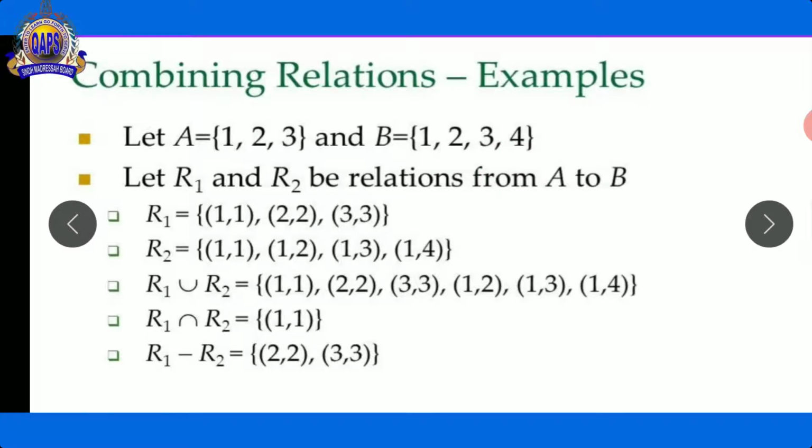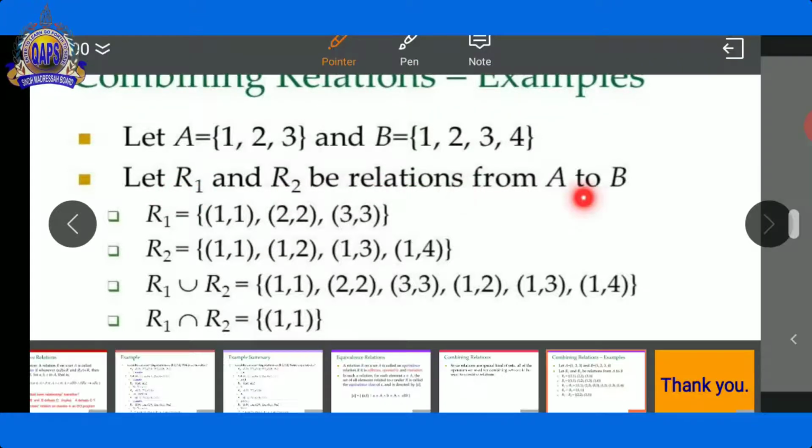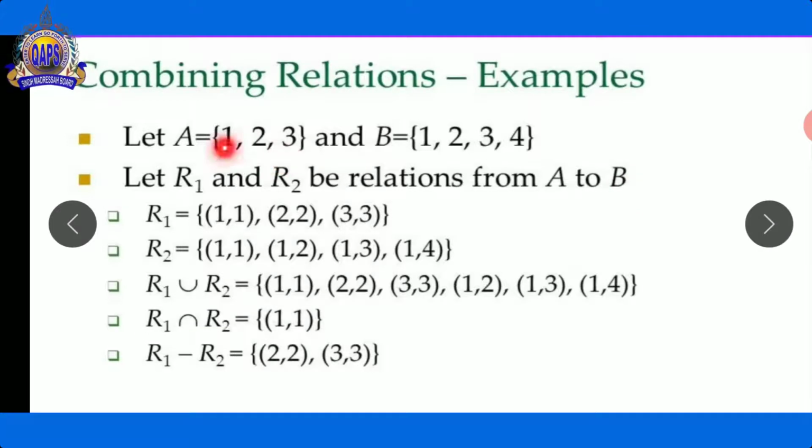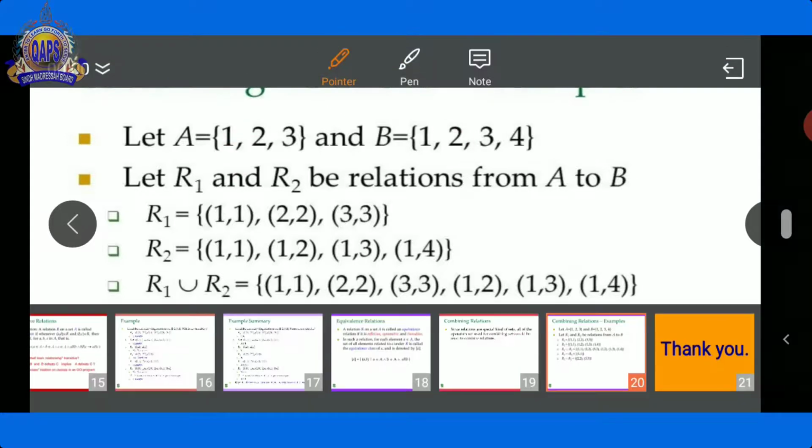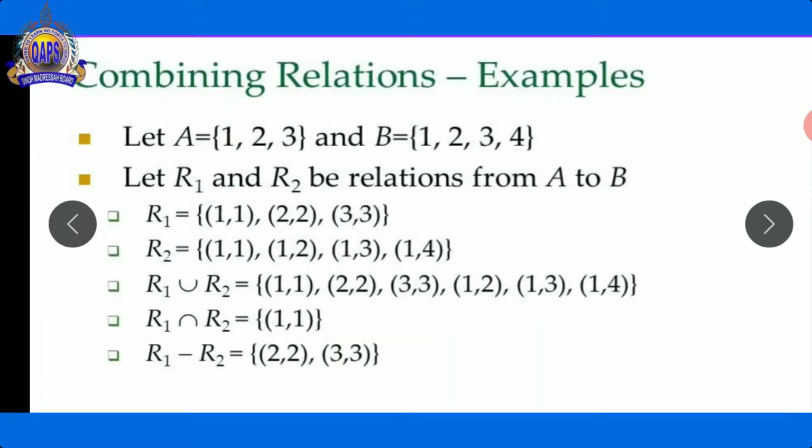Now let R1 and R2 be relations from A to B. When we do the Cartesian product of two sets, ordered pairs are created, 12 of them. There are 3 different elements in one set and 4 in the other.